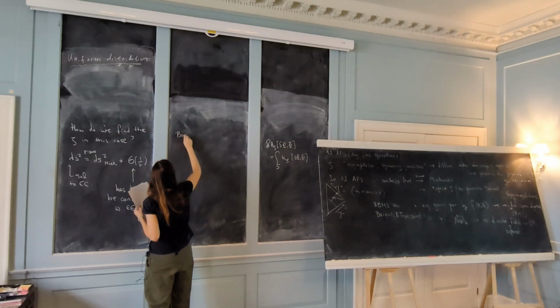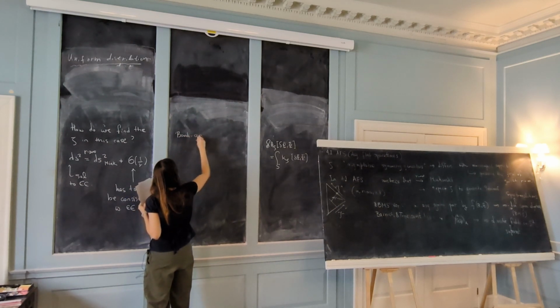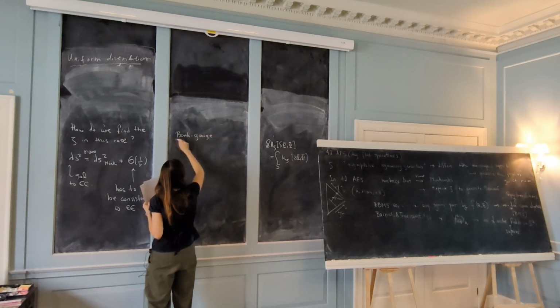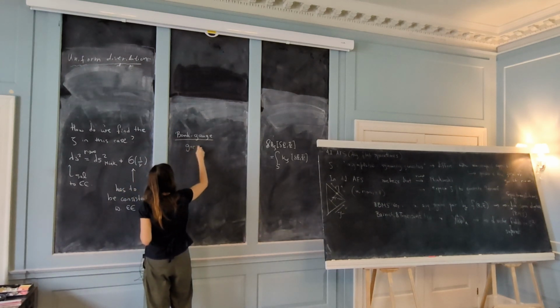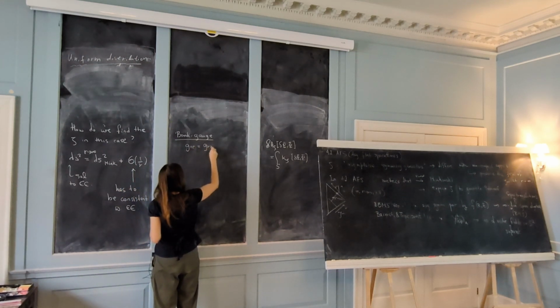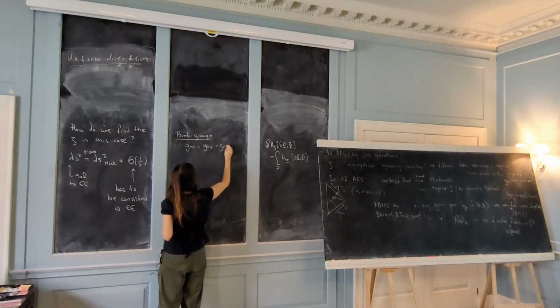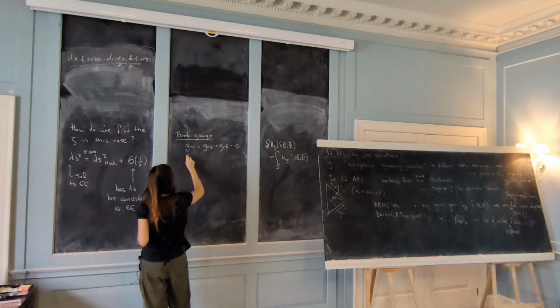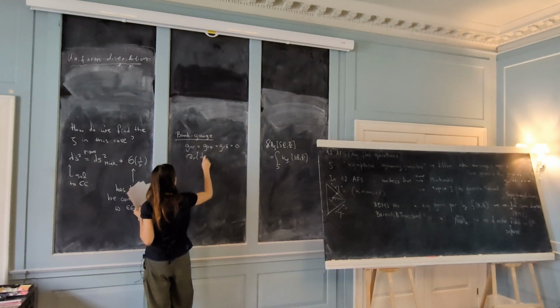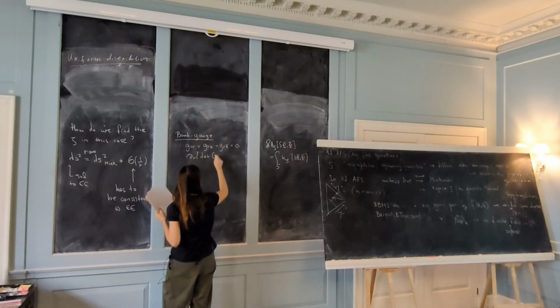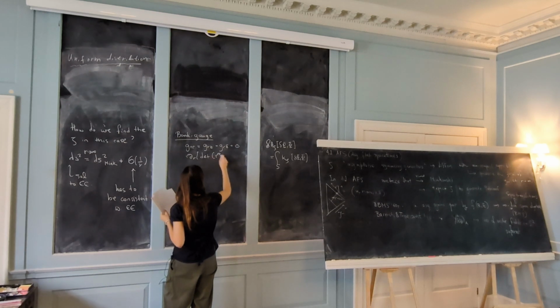So Bondi gauge is basically 4 conditions on the metric. Roughly speaking, g_rr, g_rz, g_rz bar are equal to 0, and also d/dr of the determinant of the transverse metric is equal to 0.